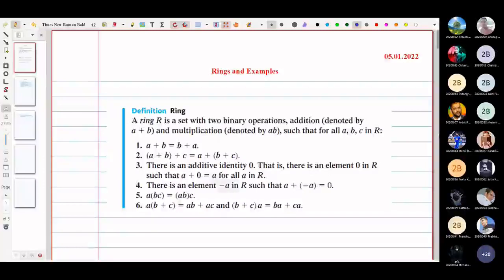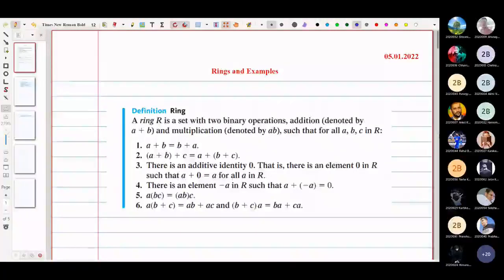Okay, that is closedness only. So these binary operations are usually called addition, and we write it a plus b, and multiplication we write a times b or a dot b sometimes. Okay. And if a, b, c are such that they satisfy these following 6 properties, then we say that R is a ring under these two operations.